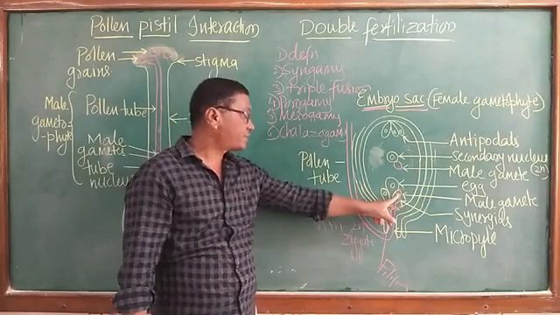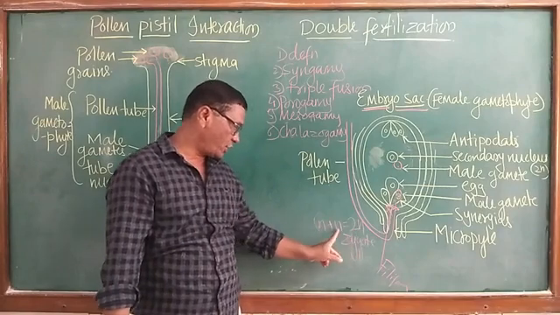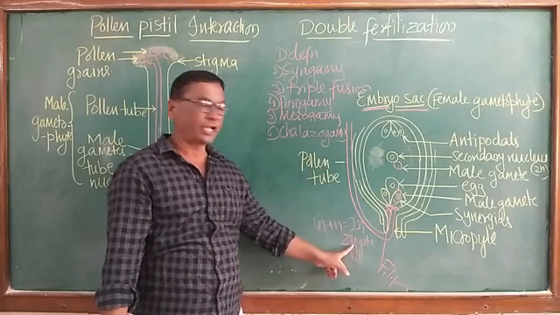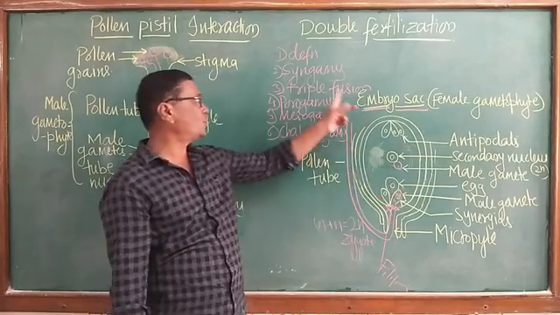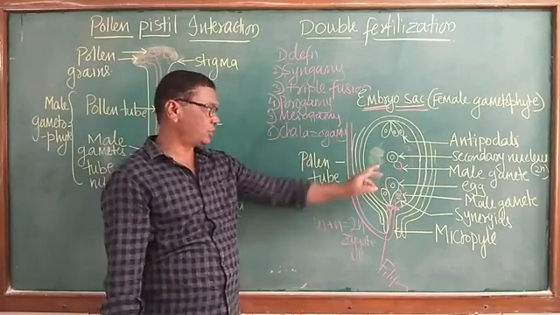When the male gametes come out, the first one fuses with the egg to form the diploid zygote, and the second one fuses with the secondary nucleus to form the triploid primary endosperm nucleus.